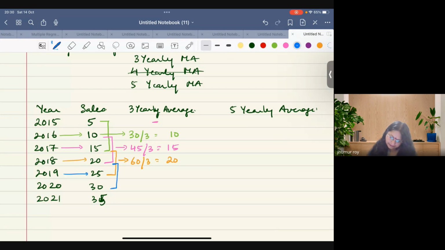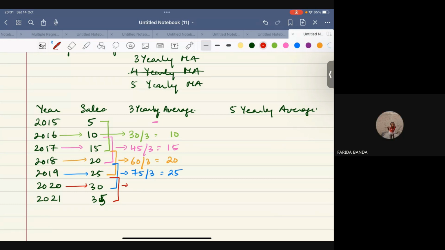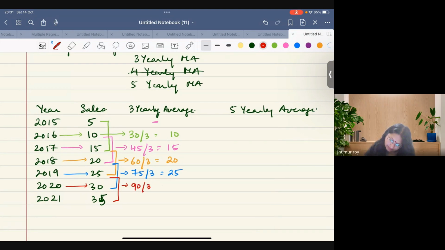How much is this? 75. 75 divided by 3 will come out to be 25. Then the next group will be 25, 30, 35. How much is this one? 90. 90 divided by 3 is 30.